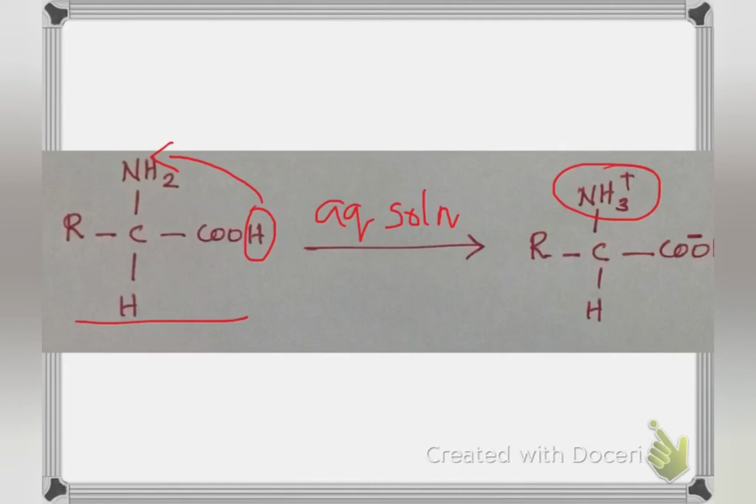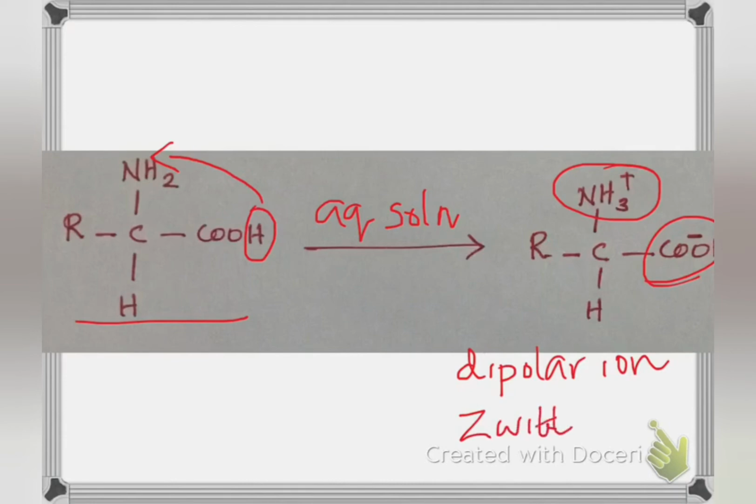Similarly, the COOH becomes COO minus. So both the positive and negative charges are there in the same molecule. Both poles are there, so it is known as dipolar ion, also known as Zwitter ion.